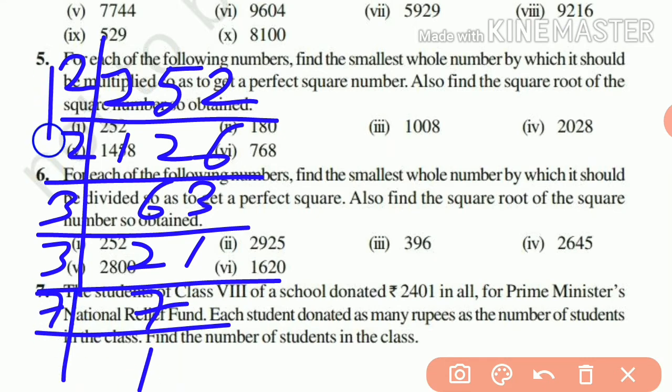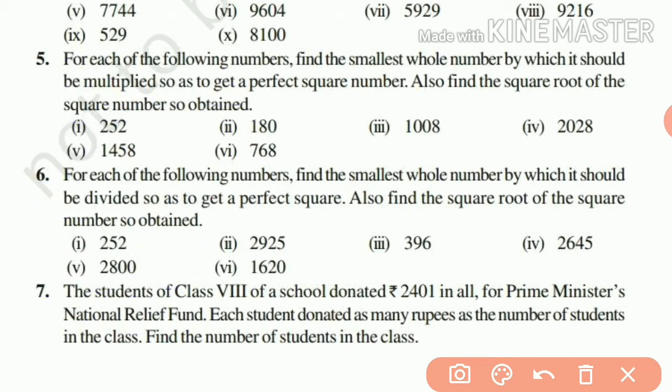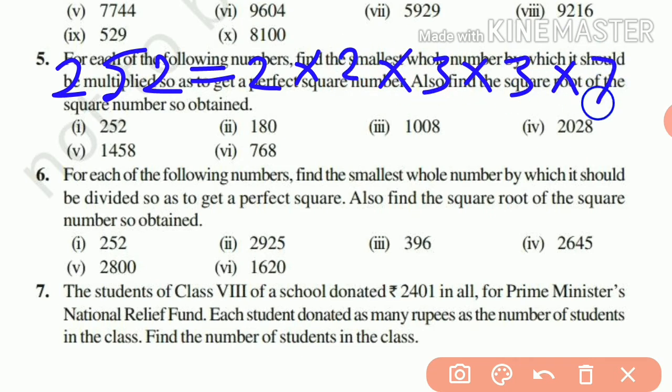Here is one pair, here is one pair. Only 7 is a single number, so we will write 252 as the product of 2 into 2 into 3 into 3 into 7.